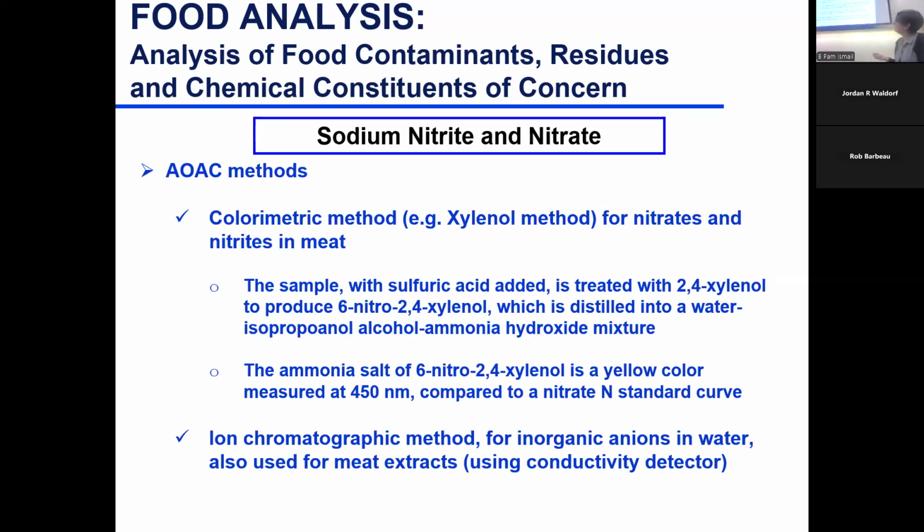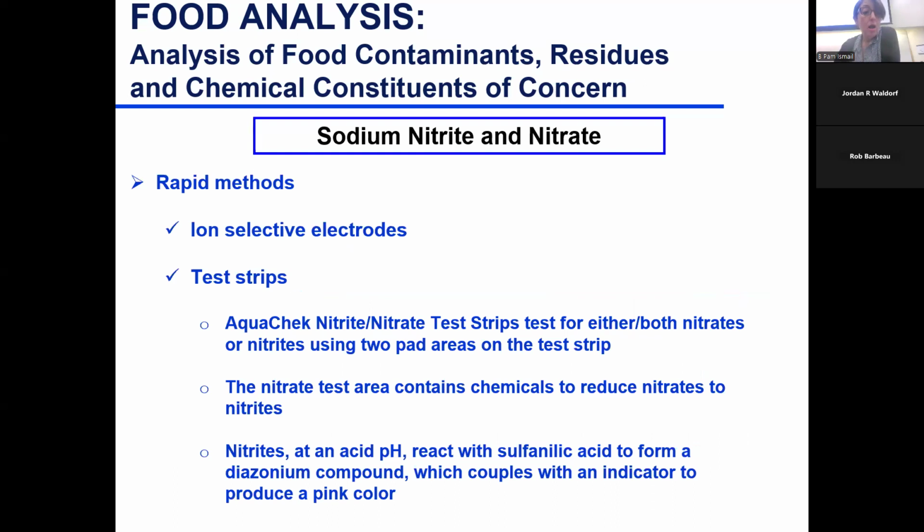Method of analysis, colorimetric method, or a chromatographic method. I'm not gonna have you worry about details here. There are rapid methods. We have ion selective electrodes. I know that Dan talked about some electrodes that are used for mineral detection.